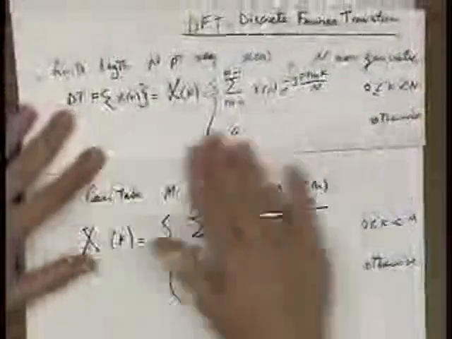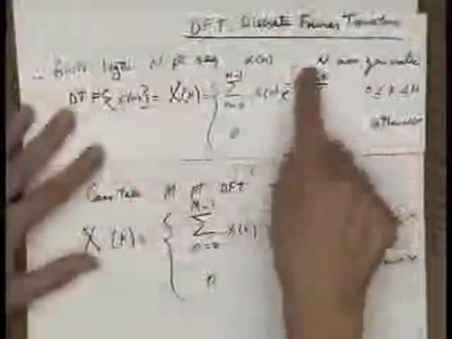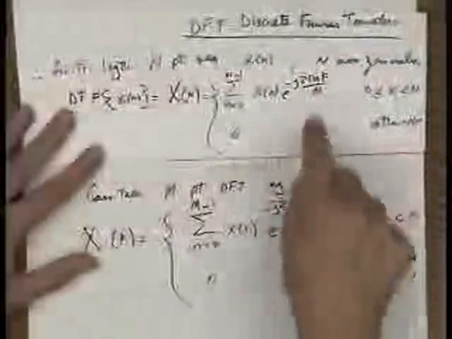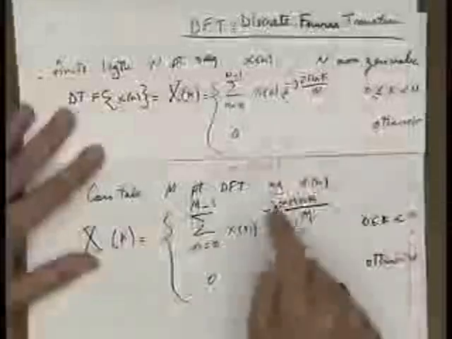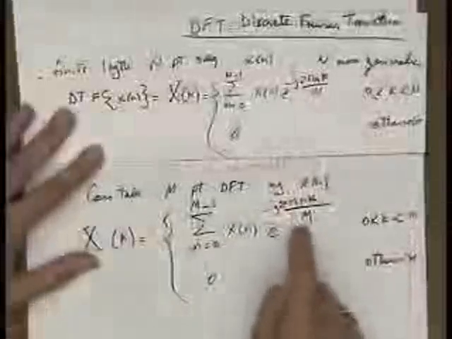But that's not really true, because the exponential for the non-zero terms of x of n, the exponential I'm multiplying with, are different in these two cases. This is e to the minus j 2 pi nk over capital N. This is e to the minus j 2 pi nk over capital M. Okay?